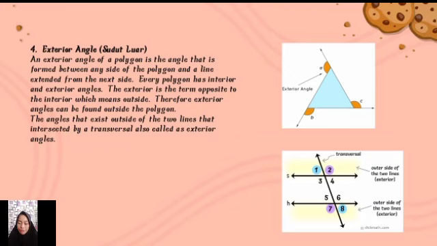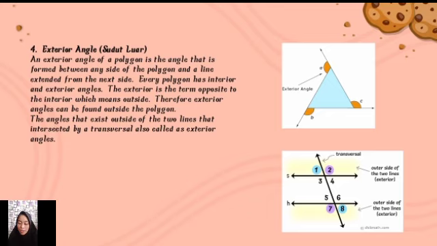Next, number 4 is exterior angle, or sudut luar in bahasa. An exterior angle of a polygon is the angle that is formed between any side of the polygon and a line extended from the next side. Every polygon has interior and exterior angles.